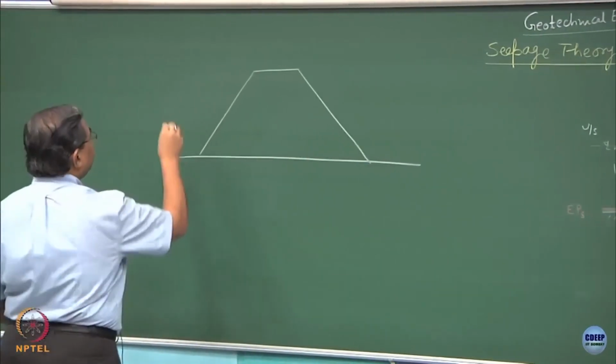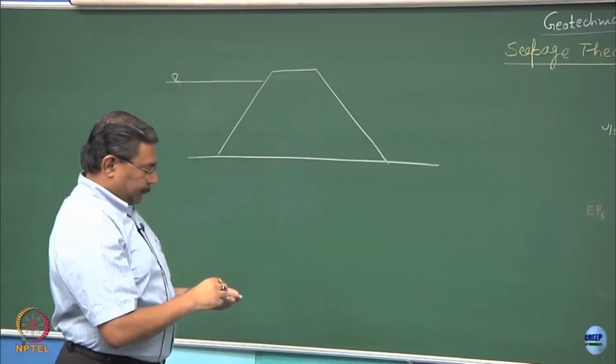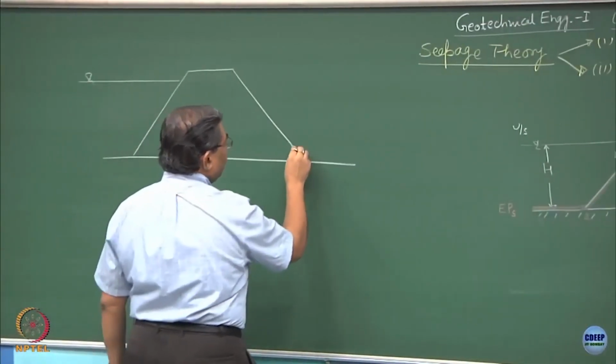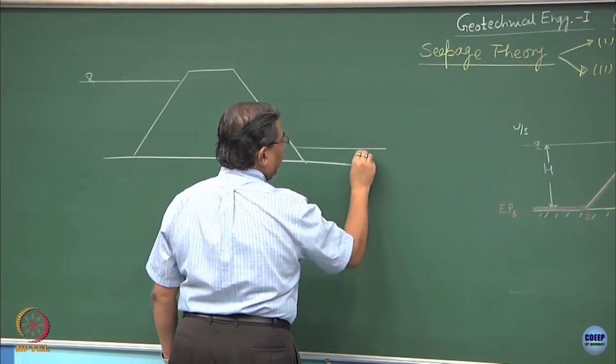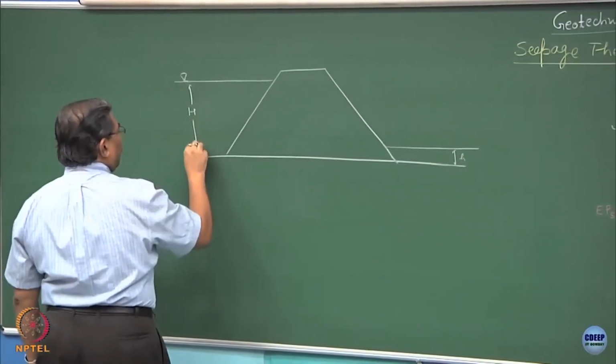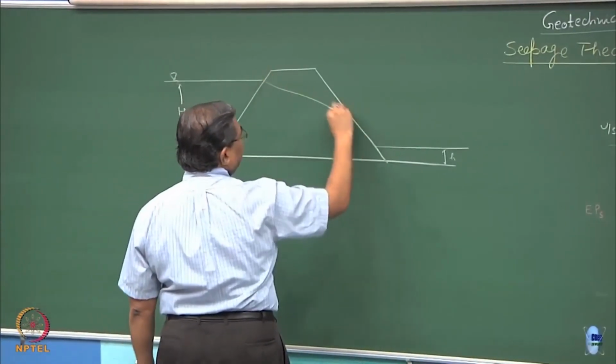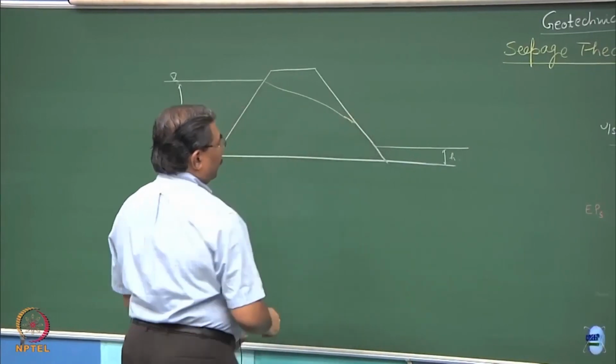There is a water column over here, there is a tailwater here, and this is the phreatic line which is developing over here.